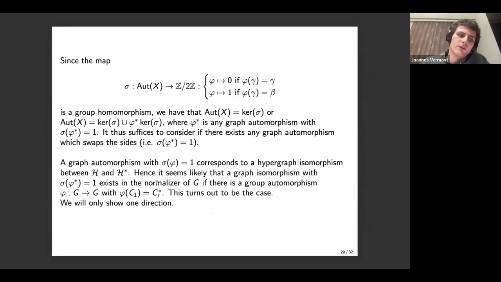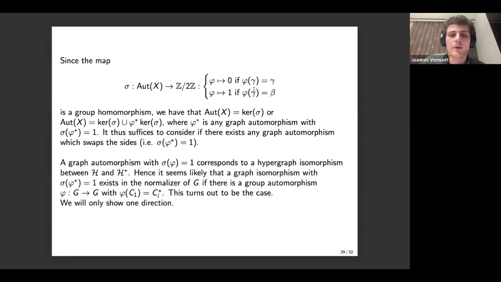And from what we saw for the hypergraph, it seems likely that there exists such a graph automorphism in the normalizer of G, if there is a group automorphism from G to G such that phi of C1 is equal to Ci star. And this turns out to be the case.